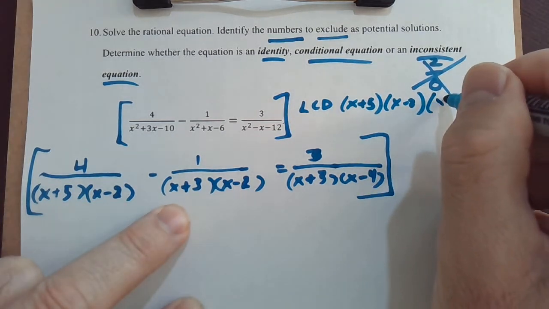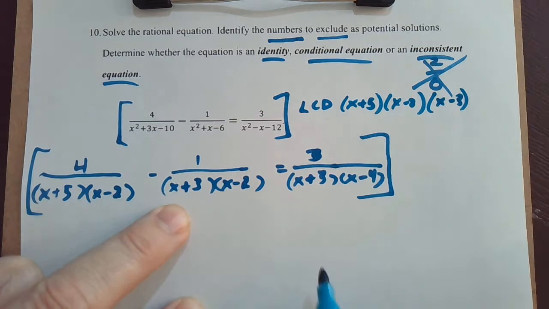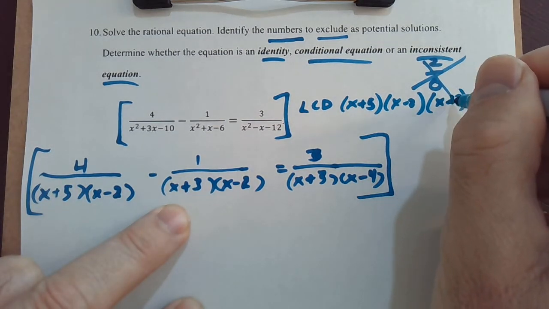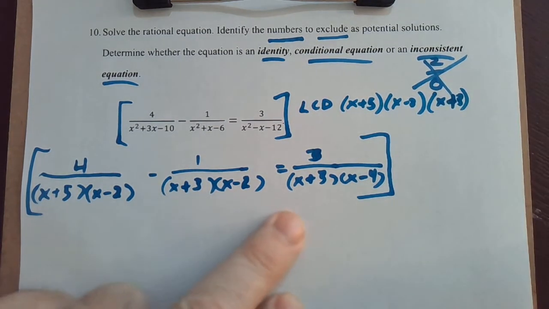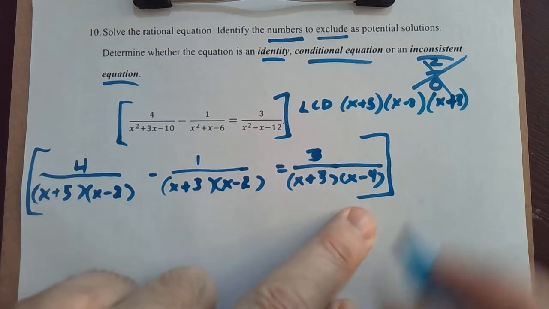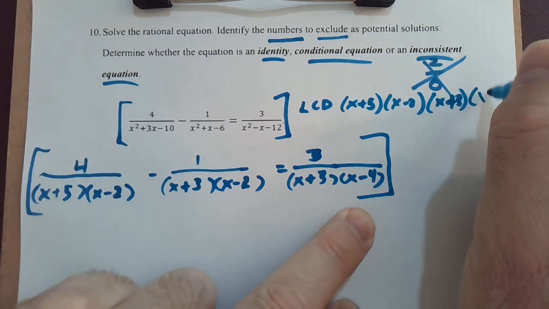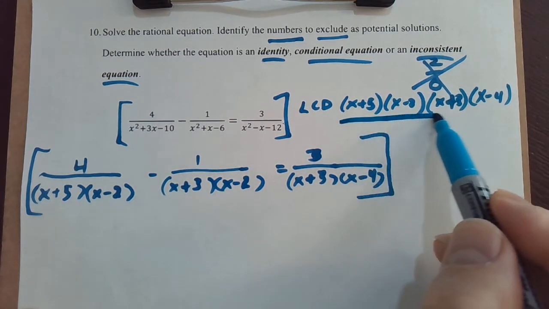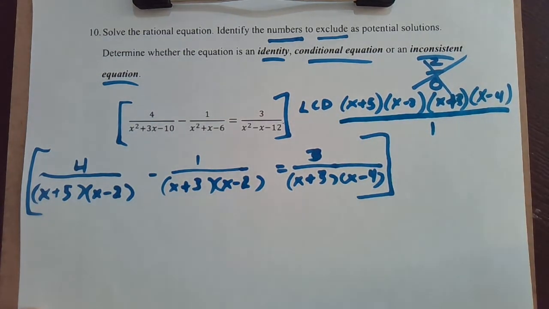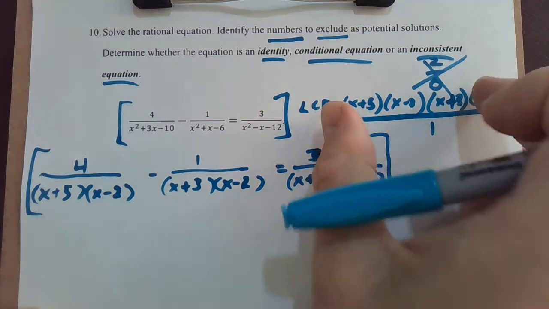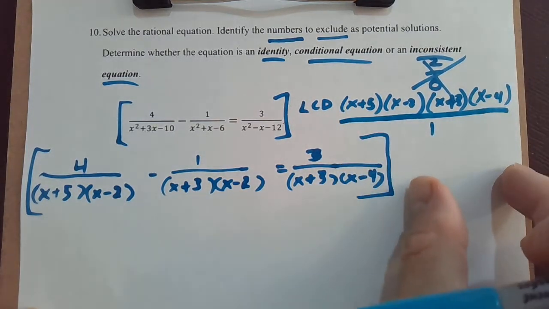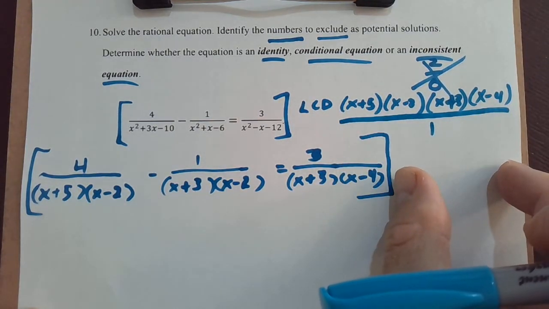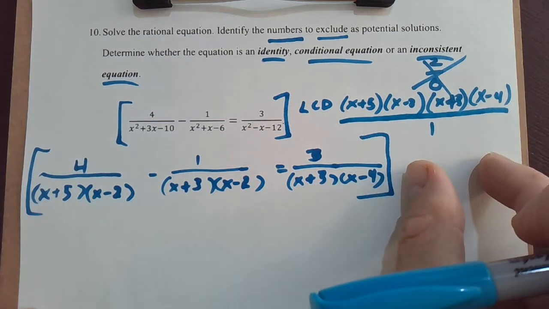I don't need to repeat it. That's x plus 3. And x plus 3, which I already have, and then x minus 4. So that's my LCD. I could put it over 1 if I wanted to. So normally I write it right next to it here, but I kind of ran out of room, so I'd have to squeeze it in there.